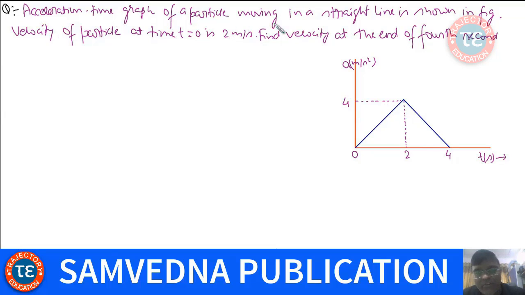This question. This is the acceleration time graph of a particle moving in a straight line as shown in the figure. Velocity at t equals 0 is 2 meter per second, and we have to find the velocity at the end of the 4th second. Okay. See, acceleration is given by dv by dt. So dv would be a dt, right?